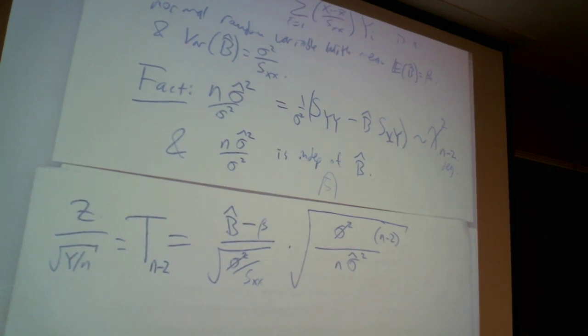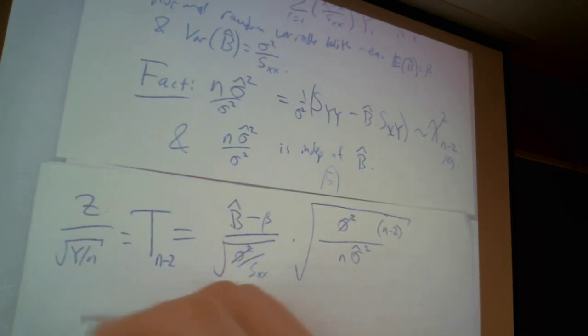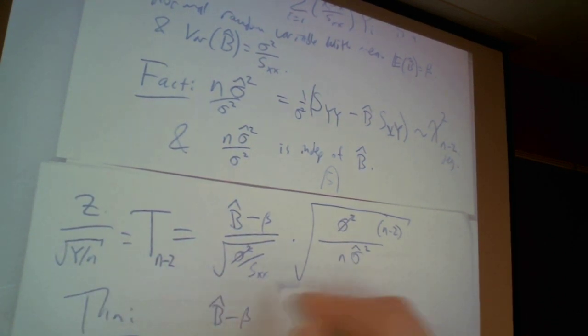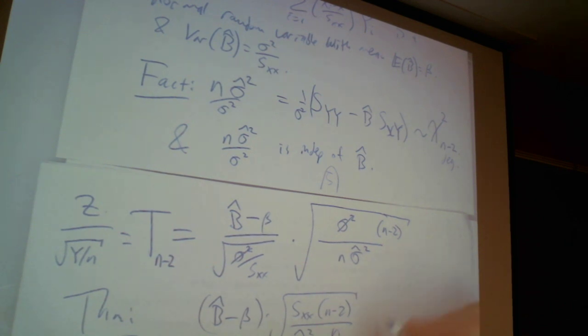Let's take this as a theorem. Theorem: B hat minus beta, let's clean this up a little bit, times this SXX is going to go in the numerator, times SXX times n minus 2 divided by sigma hat squared times n, is a t distributed random variable with n minus 2 degrees of freedom.